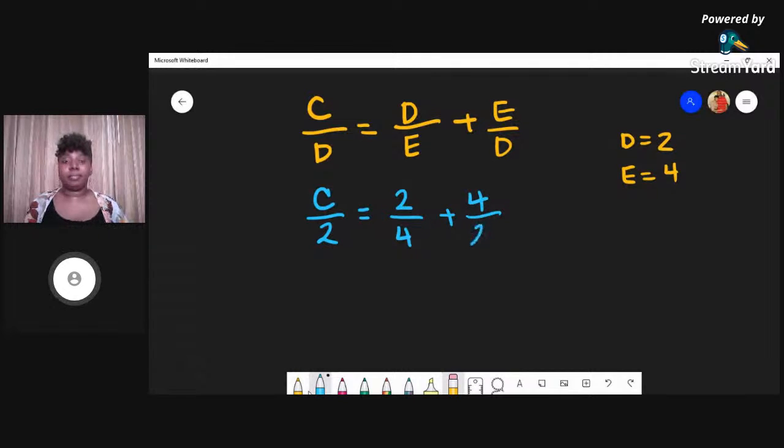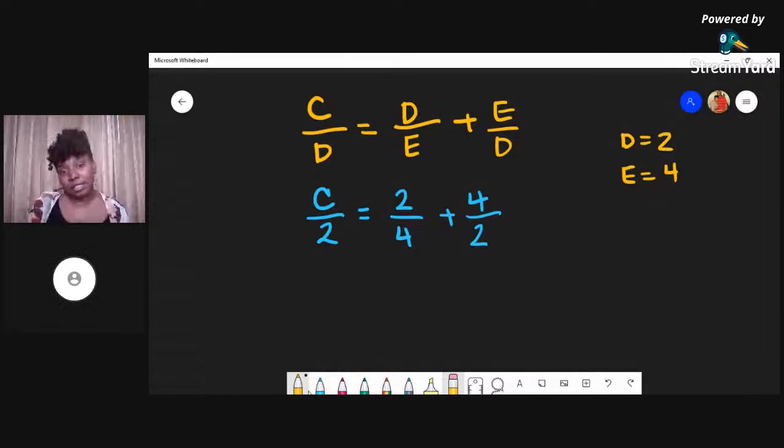So, okay, looking at it and thinking about the order of operations, the first thing I needed to do was my division, which the fractions are division. I obviously don't know what C divided by 2 is because I don't know what C is. So I wrote down C divided by 2 equals.